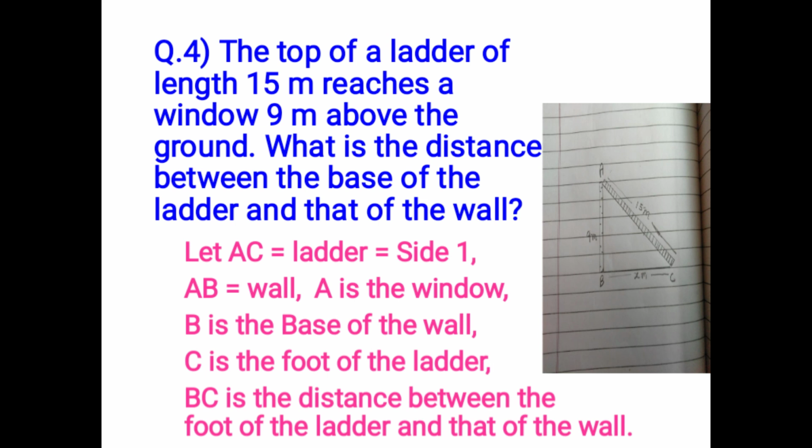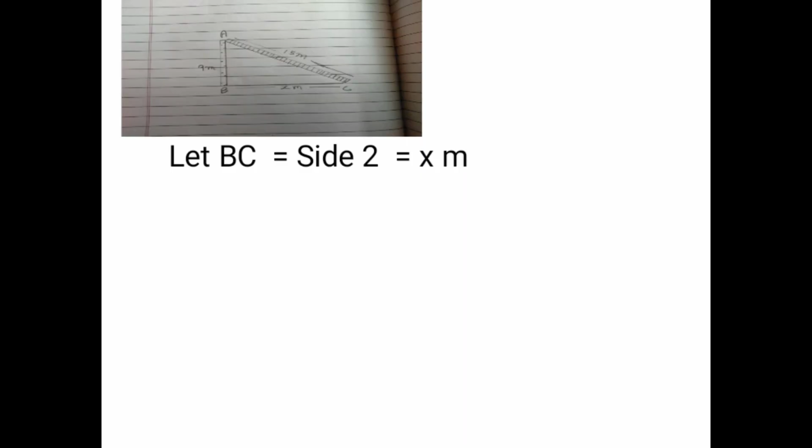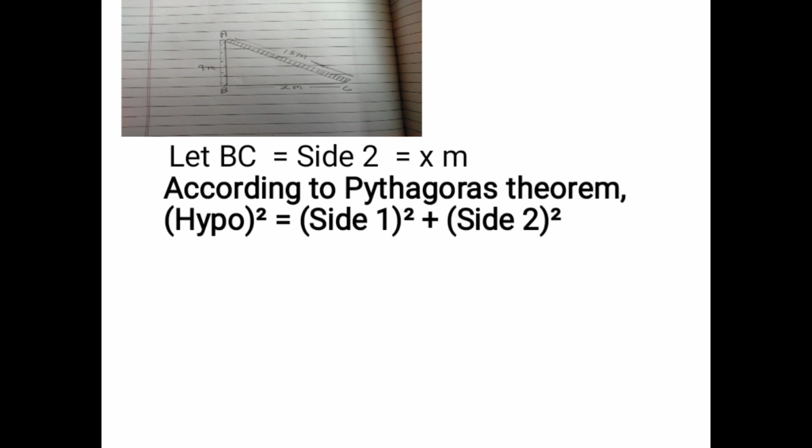So segment BC you have to find. Segment BC, which you are finding here, is side 2. Side 1 here is AB, which is 9, and hypotenuse is ladder. So let us begin the sum. Let BC is equal to side 2 is equal to x meter. According to Pythagoras theorem, hypotenuse square is equal to side 1 square plus side 2 square.